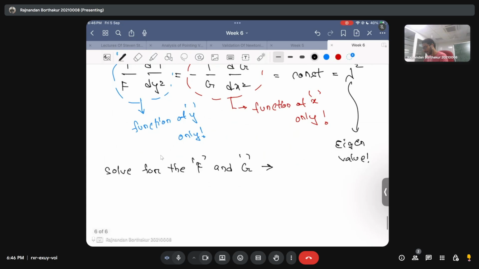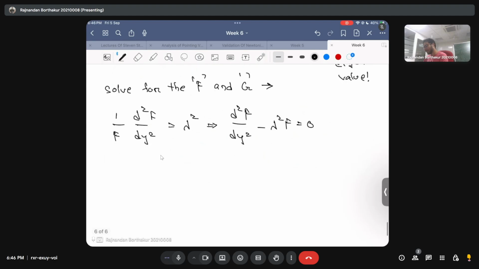My 1 by f times d2f by dy2 is equal to lambda squared, which means I can write it as d2f by dy2 minus lambda squared times f equals 0. And this is a solvable ODE, right? Because you know how to solve these kinds of ODEs. It's a second order linear homogeneous ODE.